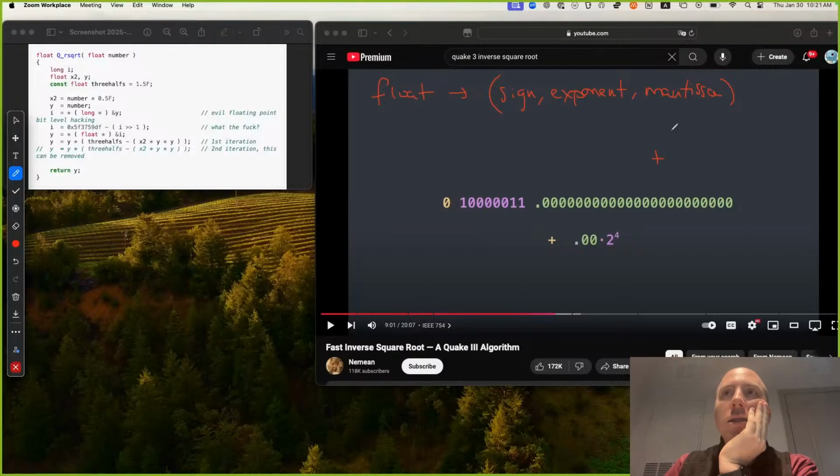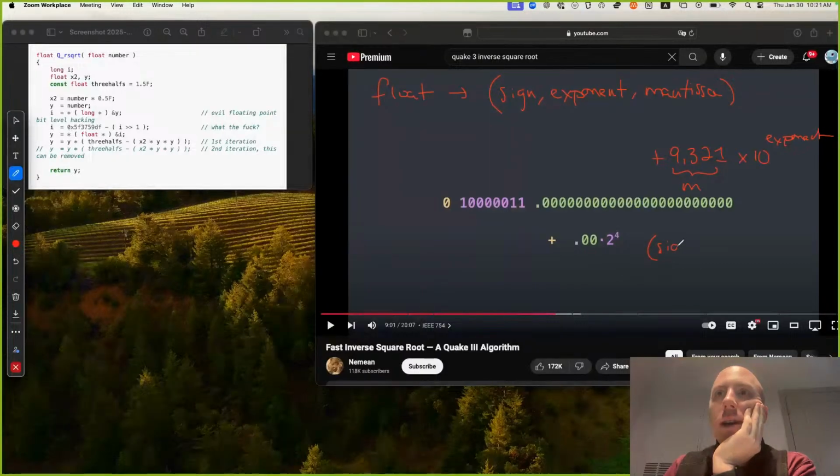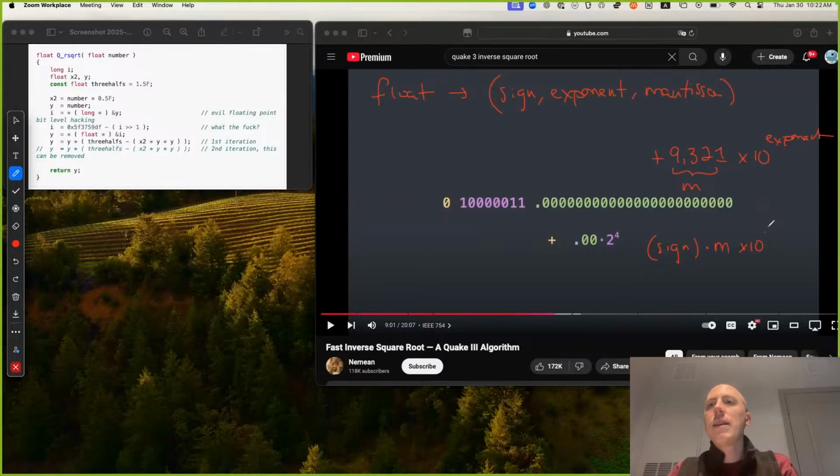You've got the sign bit, and the mantissa, like 9.321, times 10 to the exponent. So it's the sign times the mantissa times 10 to the exponent.